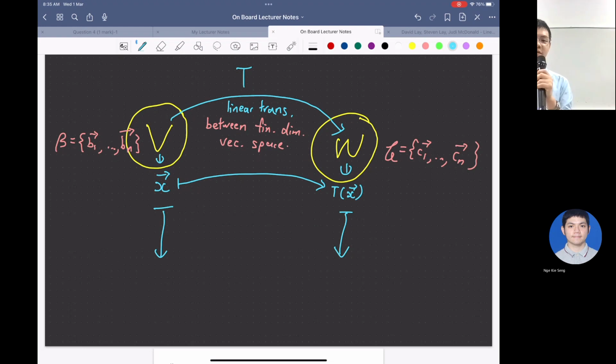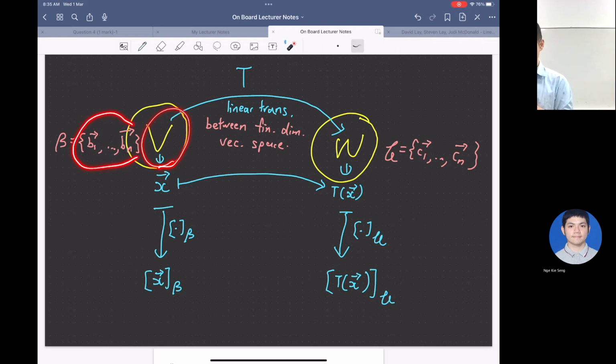So the vector space is isomorphic to, and we take the coordinate vector. So where do we land in? Anyone remember? If we have a vector space with n basis vectors, after we take the coordinate vector, what do we get here?